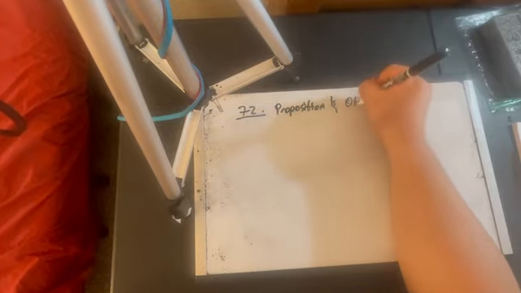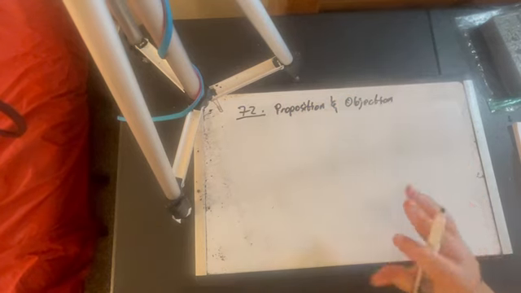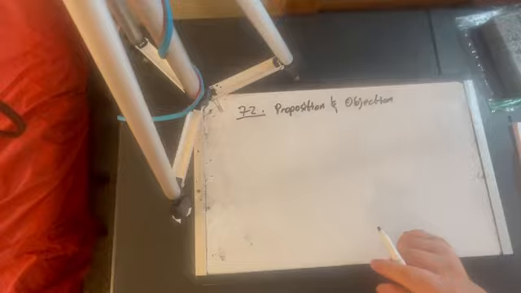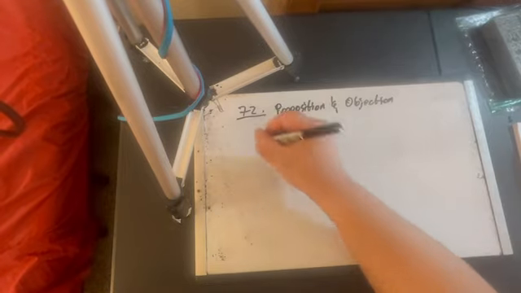Proposition and objection. Aristotle gives a beautiful final distinction between these two. To formulate a proposition is to make many things into one. To formulate an objection is to make one thing into many.